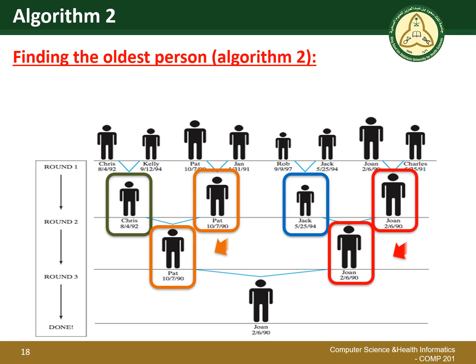In second round again pair up and compare. إذا كريس مع بات هيبقى معايا بات، وجاك مع جون هيبقى معايا جون. In third round هلاقي بس عندي one pair هقارنهم، هيبقى الأكبر اللي هو جان. So جان is the correct solution.